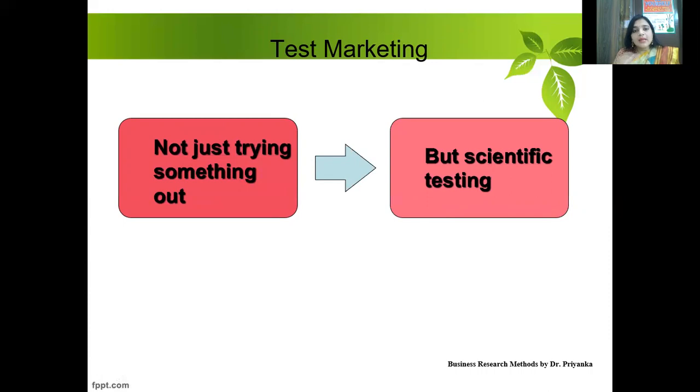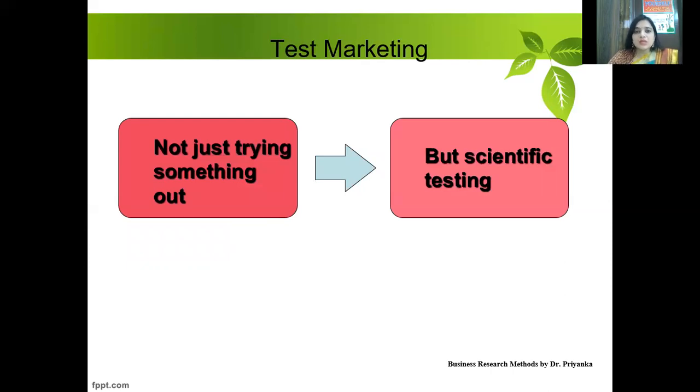You are trying to launch your product at a very small level in a market which is similar to the market you are going to provide your product to, and you will be trying to check whether the product has been priced well, product's features are good, whether people are comfortable with its pricing, its features, its placement, and everything related to the product can be checked with the help of test marketing.